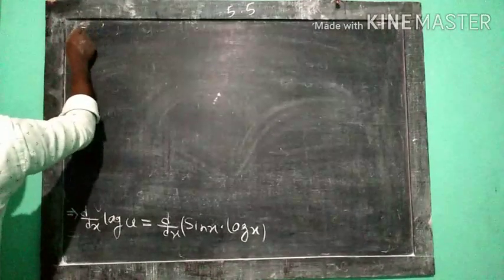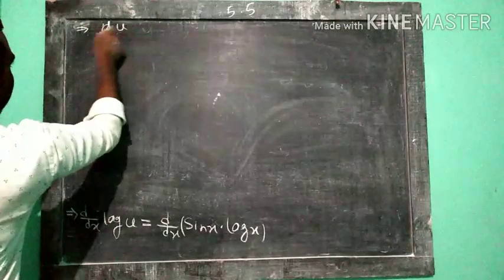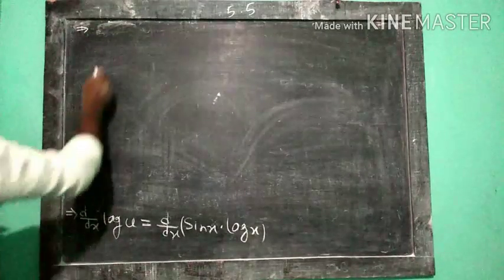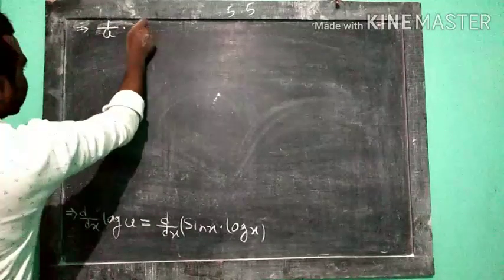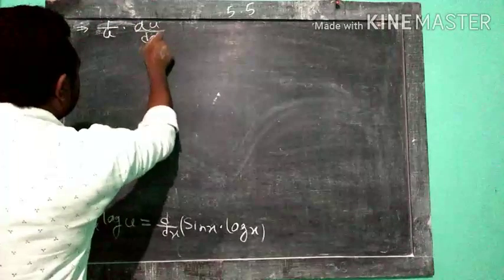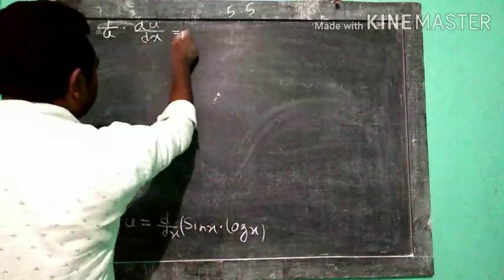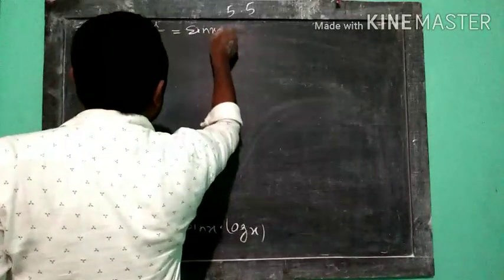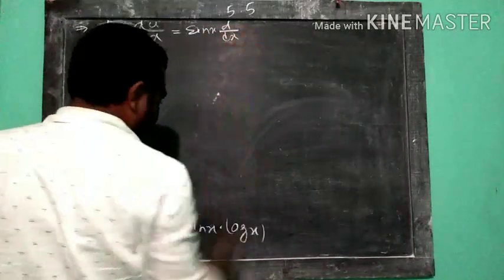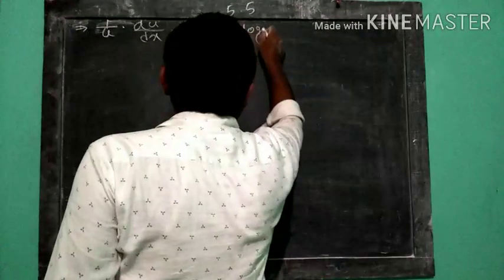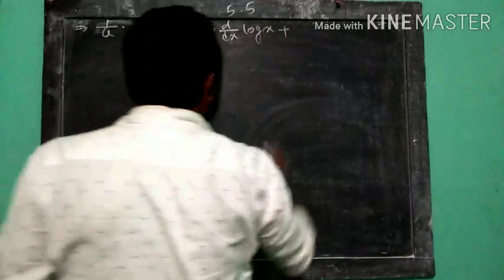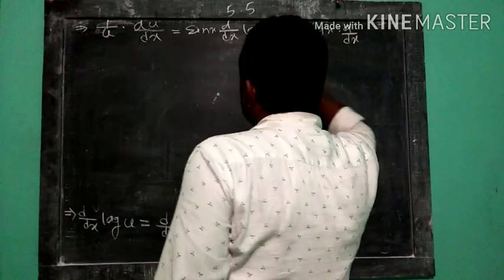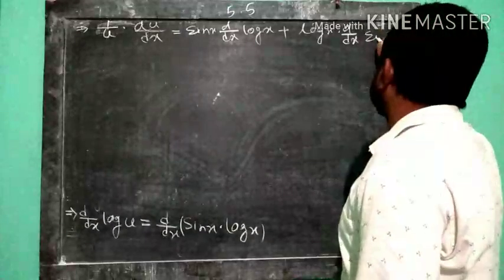So if we differentiate d/dx of log of u, then we have 1 by u into du by dx. So this is equal to, using the product rule, sin x into d/dx of log x plus log of x into d/dx of sin x.